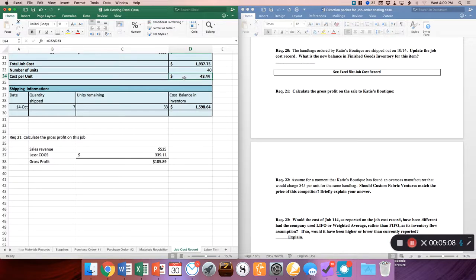What should we do? Should we match the price of the competitor? Right? So Katie says, I can buy these bags for $45. We can't make them for less than $48.44 per bag. What should we do?